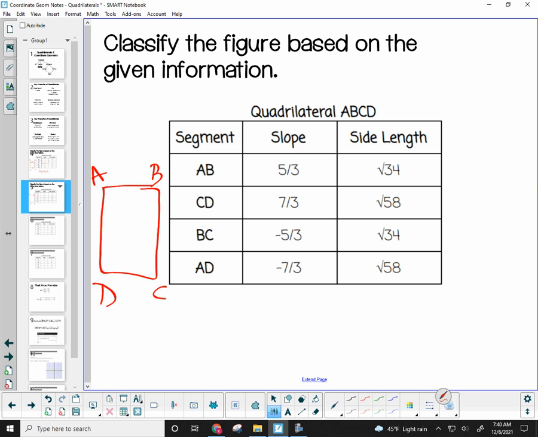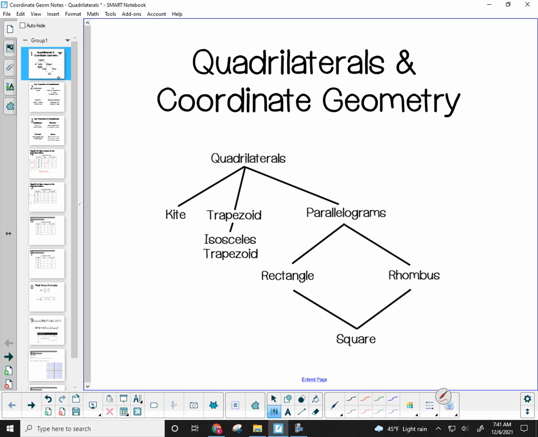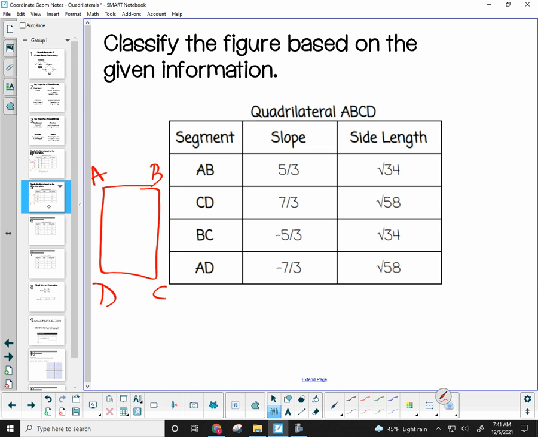So it's either got to be what or what? If there are no parallel lines at all, that means it can't be a parallelogram. It can't be a trapezoid. So it's either got to be a kite or just a plain old quadrilateral, nothing special. So let's look at side lengths. AB we know is the square root of 34.